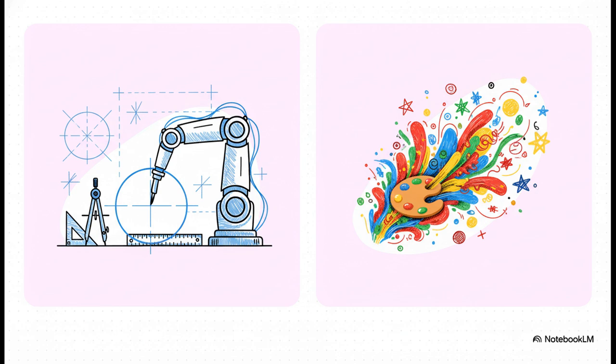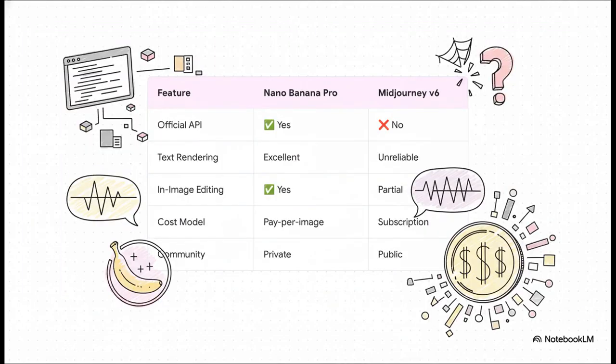Midjourney, on the other hand, is an amazing tool for artistic exploration, for happy accidents, and creative surprises. And this table really lays out that difference in thinking. You see Pro offering an official API, which is huge for developers, and that reliable text we talked about. Meanwhile, Midjourney's strength is its incredible community and that subscription model, which is super cost-effective if you're creating a ton of images.